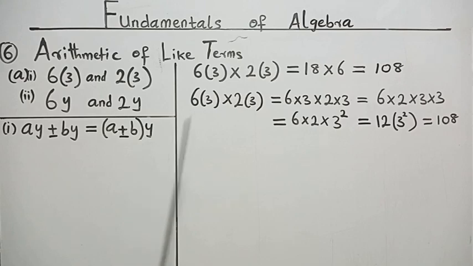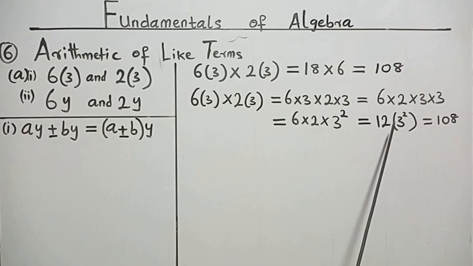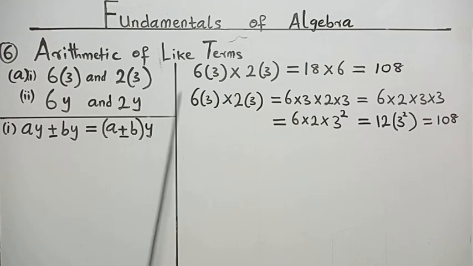I want to isolate answers from among the answers we got after expanding 6 bracket 3 and 2 bracket 3 in this second line. We have this result, this result, this result, this result, and this result. We have 5 different results. I want to pick one out of the 5 results and then compare it with this first line of operation.